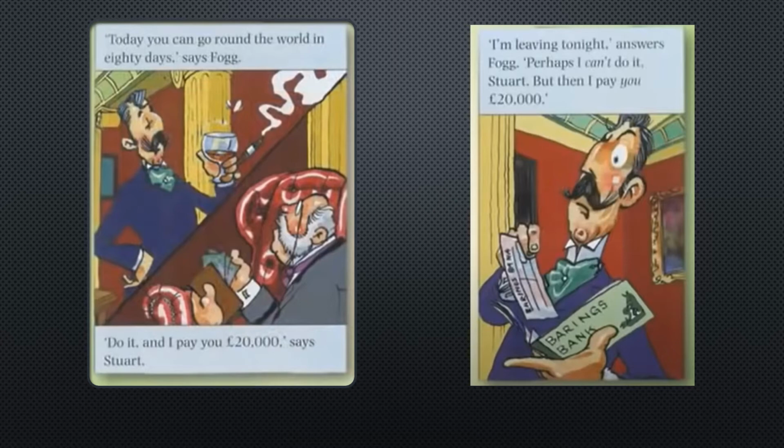Perhaps if I can't do it, then I will pay you £20,000. So here Mr. Phileas Fogg is accepting the bet and says, if I fail to go around the world in 80 days, I will pay you £20,000.